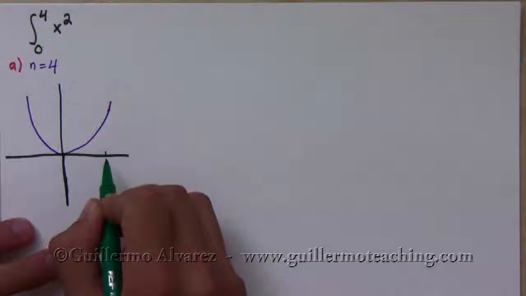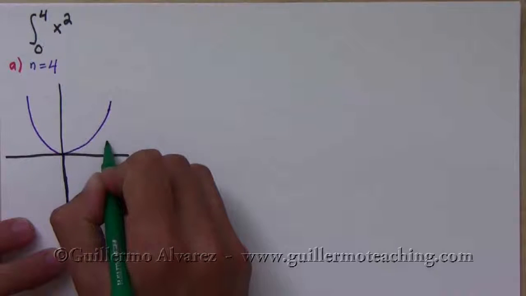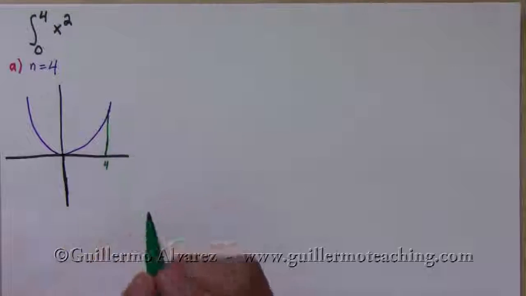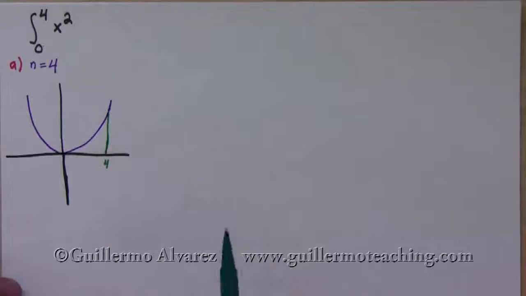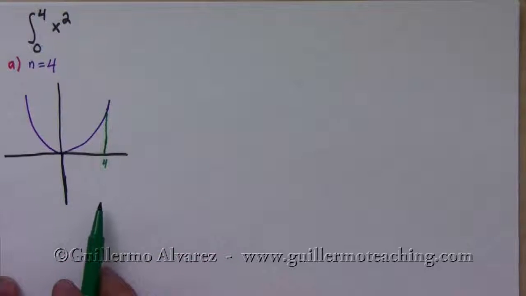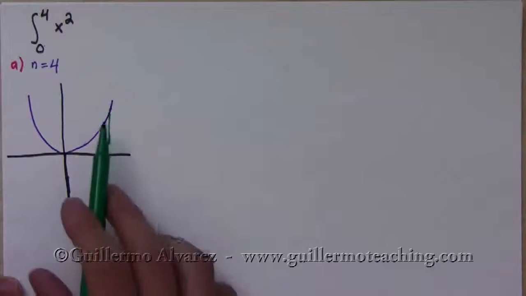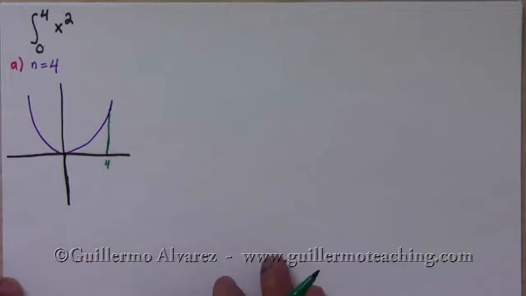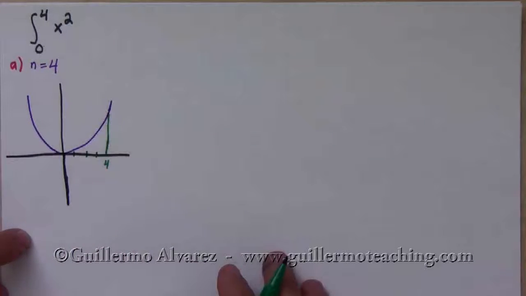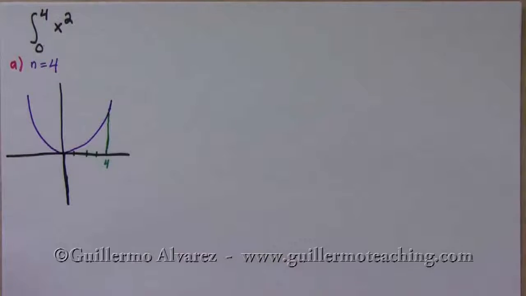So let's say 4 is right here. And so what we're looking for is the area from 0 to 4. Okay, so the first thing we're going to do, let me put little tick marks here, 1, 2, 3.